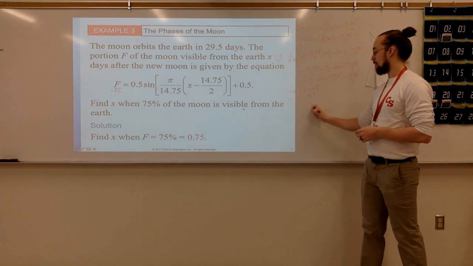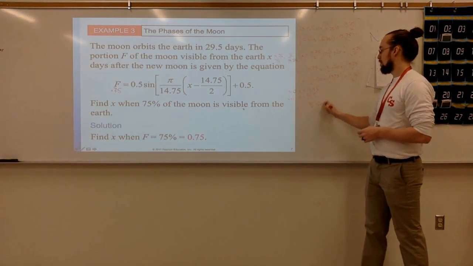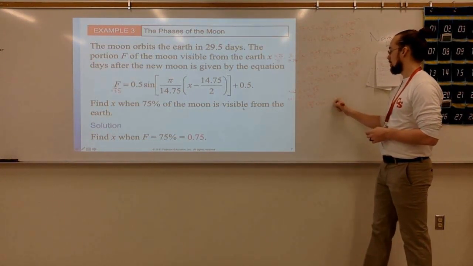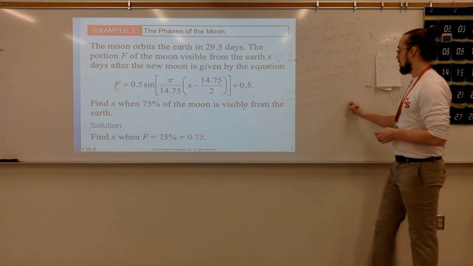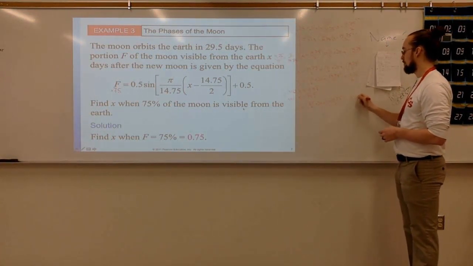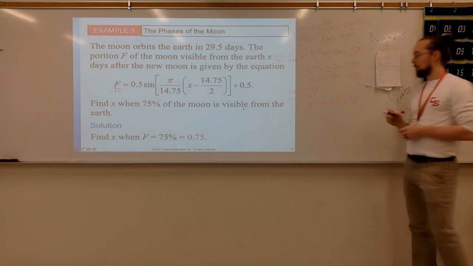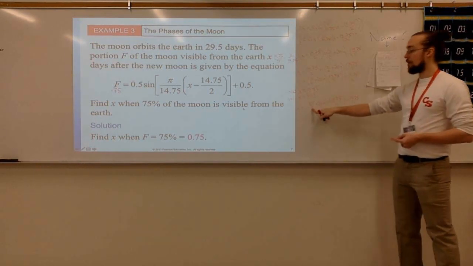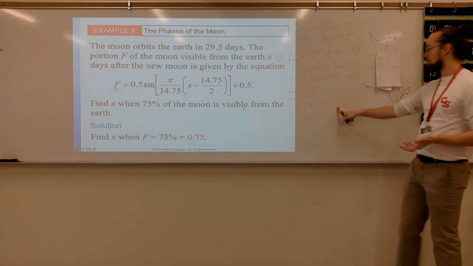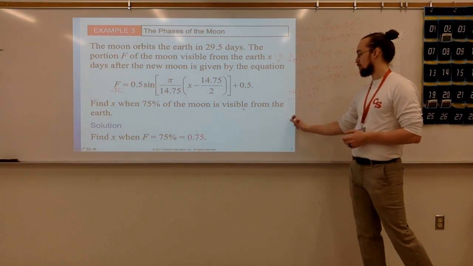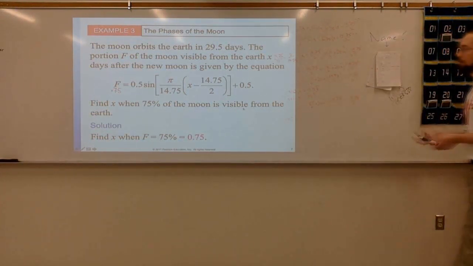We'll also have 5 pi over 6 plus 2 pi n times 14.75 over pi plus 14.75 over 2. So now let's start with n equals 0. Then I would have 5 pi over 6 times 14.75 over pi plus 14.75 over 2. What would we get for that if we plug in n equals 0?